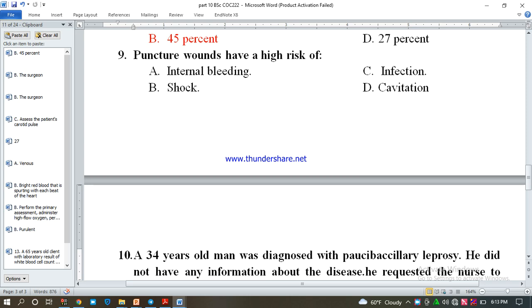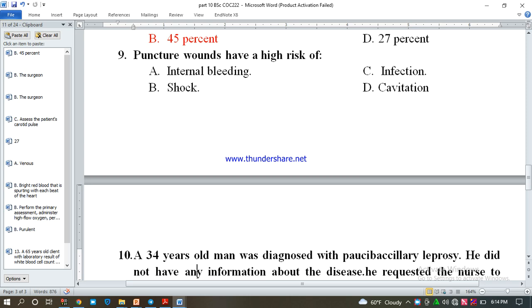The puncture wound has a high risk of what? A puncture wound is produced by an object penetrating the skin layers and creating a small hole, such as by a needle, nail, or a human or animal bite.